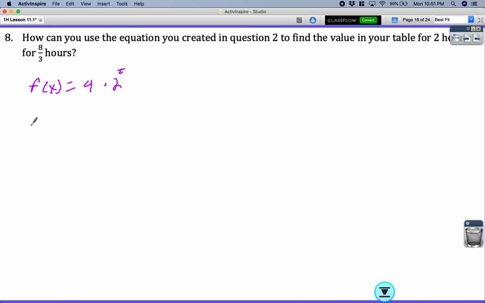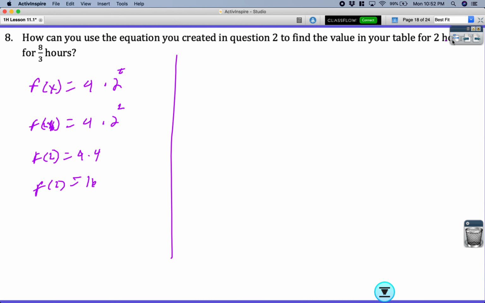So what we're going to do here is just f of x is equal to 4 times 2 to the second power, which means f of 2 is equal to 4 times 4, which means f of 2 is equal to 16. And your notes actually had p instead of f of x, but you guys get the idea. Okay, next one.